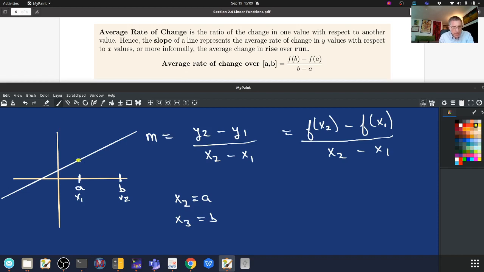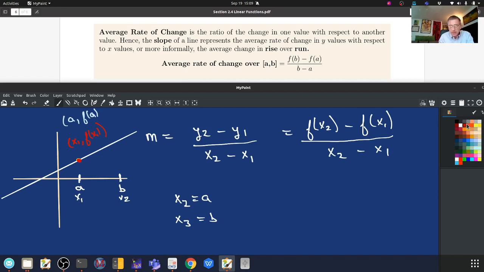That's the corresponding point, x1, f of x1. That's the notation I used. Or a, f of a. Notice all I did is I replaced x1 with the variable a.